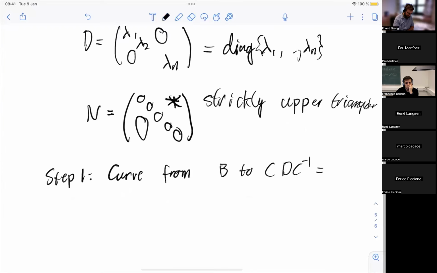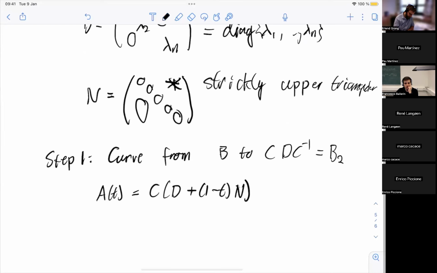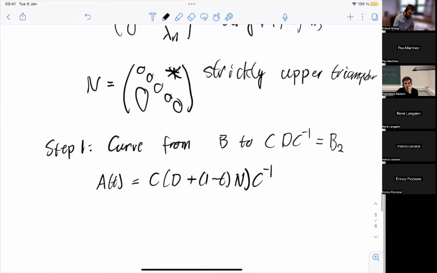Let's call that B2. And this curve is just A of t equal to C D plus 1 minus t, and then the N matrix, and then C inverse, where this t is between 0 and 1.